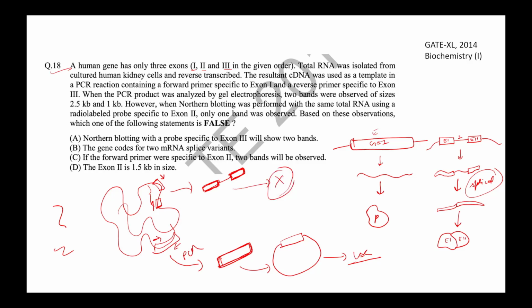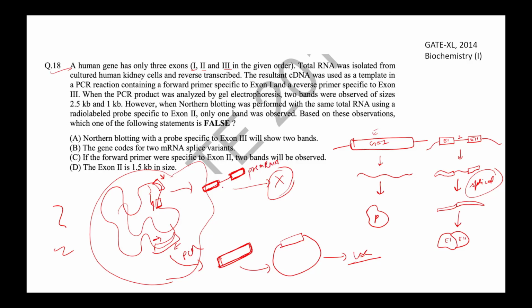So what you have to do is amplify something that is devoid of the introns. How can that happen? Inside the organism itself, when this gene is transcribed into RNA, that is called pre-mRNA.